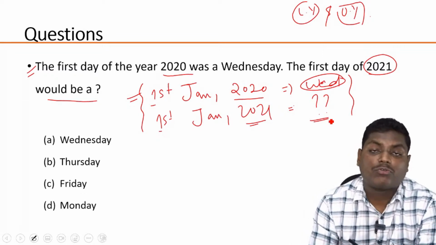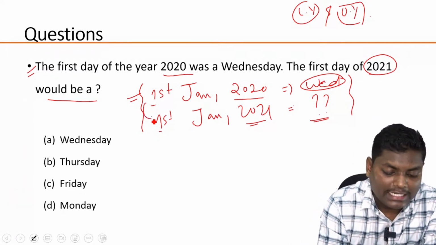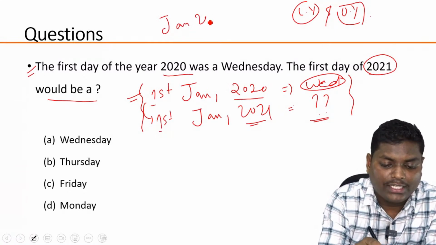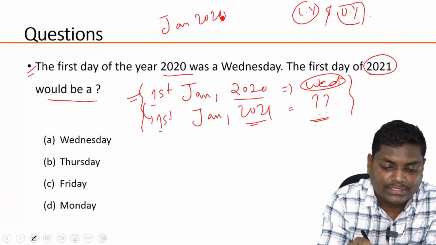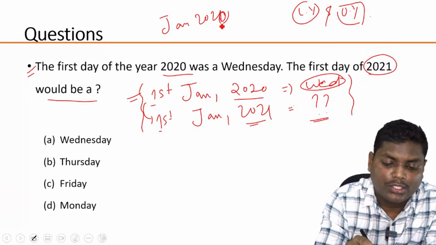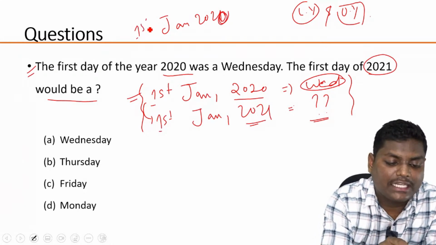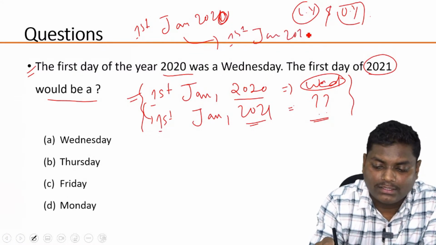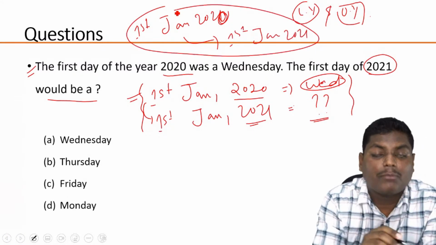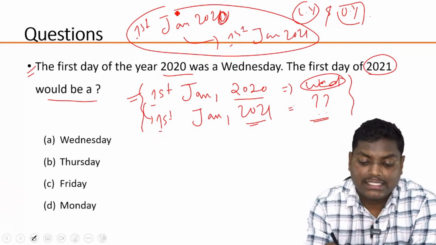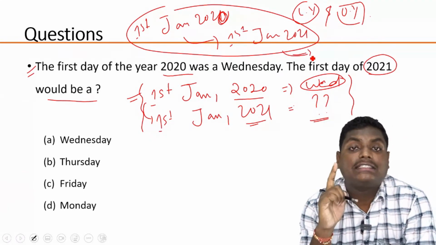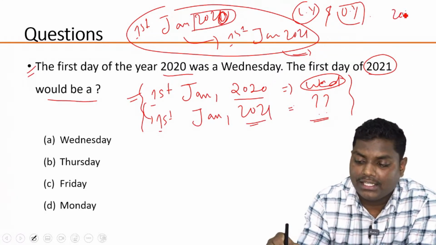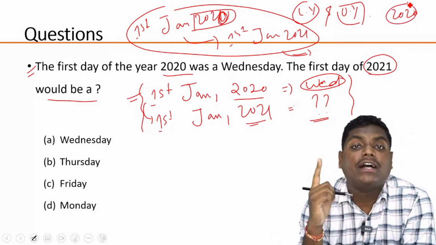From 1st January 2020 to 1st Jan 2021, it's a complete year. The next thing that you have to identify is whether this is an ordinary year or a leap year. Since it's 2020, it will be a leap year.